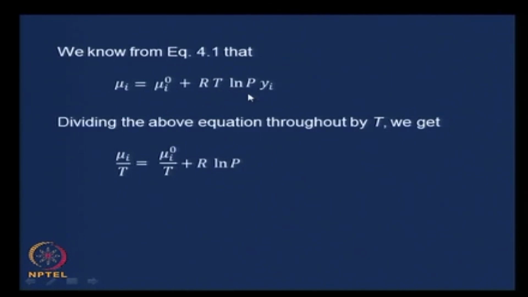I have just split this term: ln of A into B is ln of A plus ln of B, and there is an RT that is multiplying. So you have RT ln P plus RT ln yi, and RT ln P by T gives you R ln P. This is equation 631.